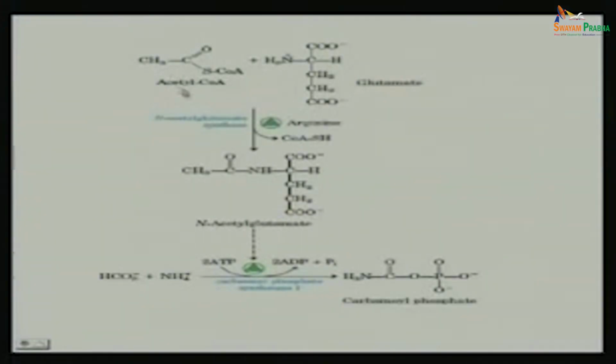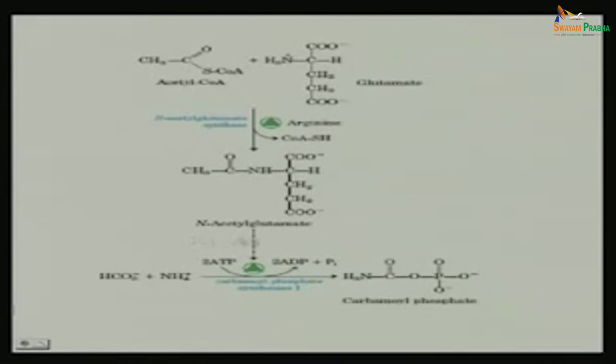Glutamate is one of the amino acids present in the cell, and it undergoes reaction with the help of the enzyme N-acetyl glutamate synthase, producing N-acetyl glutamate. Here arginine is also playing an important role to catalyze this reaction.